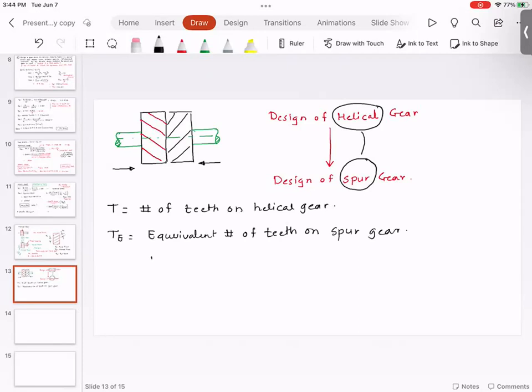And that equation is TE is equal to T divided by cosine cube alpha. So what does that mean?